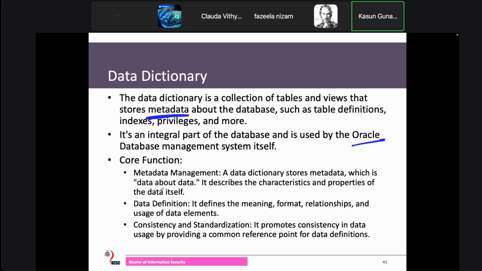It describes the characteristics and properties of the data itself. Apart from that, data definition defines the meaning, format, relationship, and usage of data elements. And for consistency and standardization, it promotes consistency in data usage by providing a common reference point for data definition.